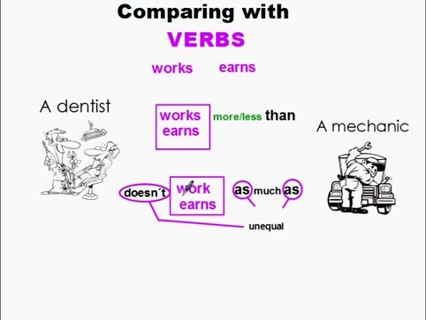So a dentist doesn't work as much as a mechanic, or maybe a dentist doesn't earn as much as a mechanic. So remember, for the unequal, I make the verb negative, okay? So this is how I'm comparing with verbs, using the verb with more and less, or using the verb with as much as to compare. Good.